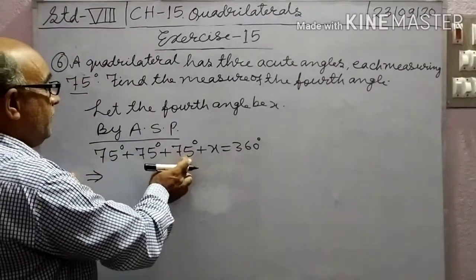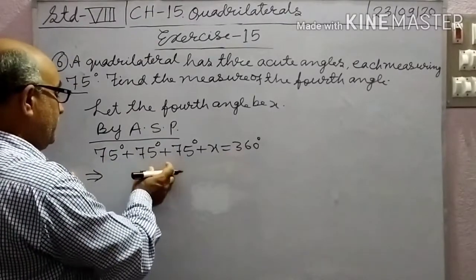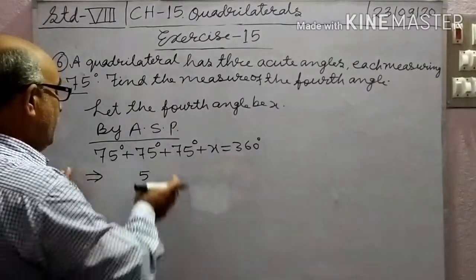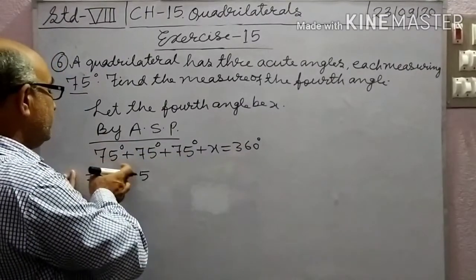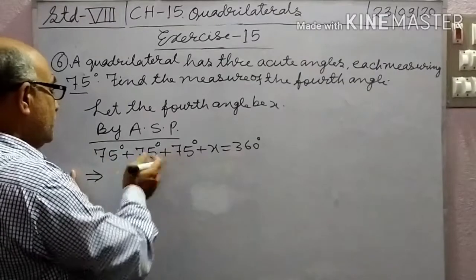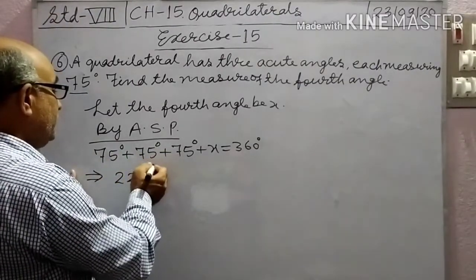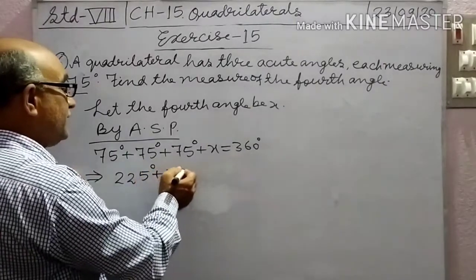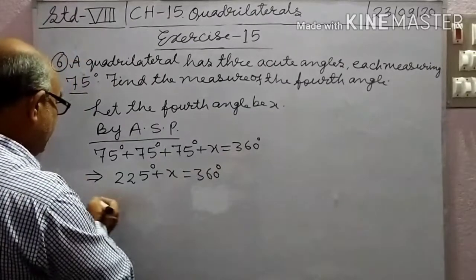That implies 5 plus 5 plus 5 is 15, 5 carry 1, 7 plus 7 plus 7 is 21, 21 plus 1 is 22. 225 degree plus x equal to 360 degree.